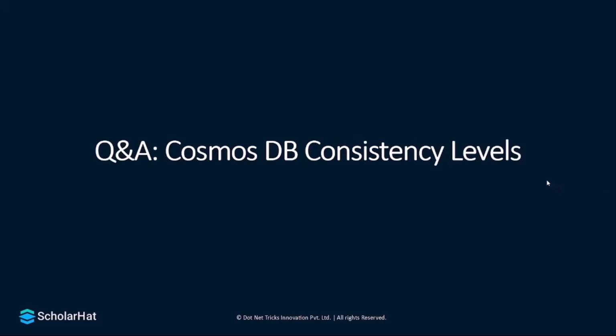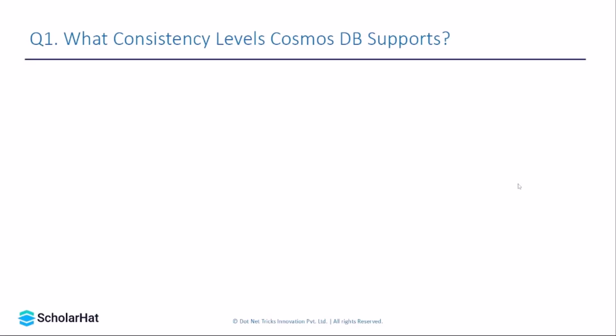Our next concept is Cosmos DB consistency level. Let's discuss what we mean by consistency level in Cosmos DB. But before going to that part, we have to understand what a consistency level means. We know that Cosmos DB is a multi-region database, which means you can write data into Cosmos DB across multiple regions, and the applications that are using that data across multiple regions will be able to access the updated value.